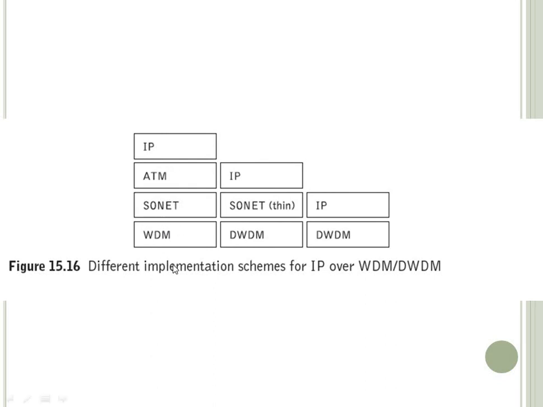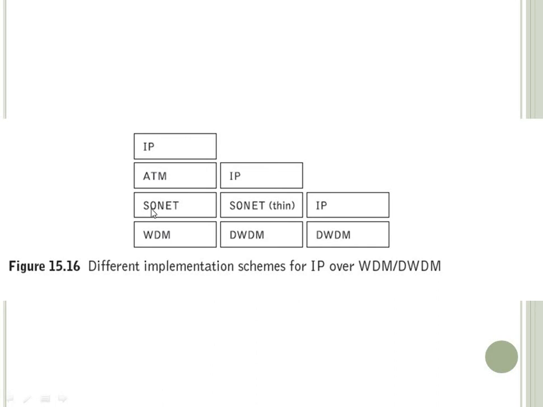Therefore, service providers are considering running IP content directly over SONET. In order to carry IP packets, mapping of IP packets directly to the SDH or SONET frames is required, and the resultant technique is referred to as packet over SONET.